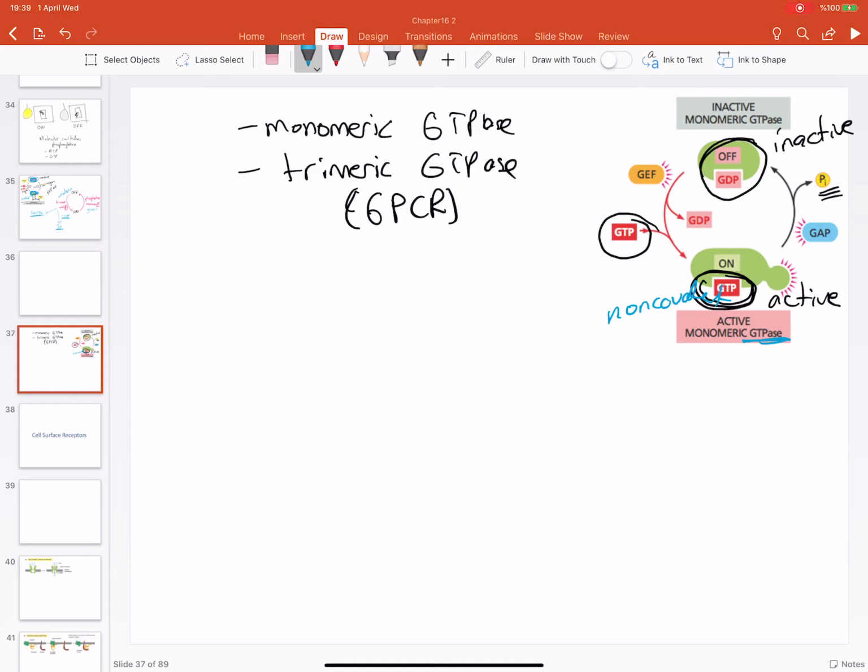Okay, let's start from here. When there is GTP, it can be hydrolyzed, and this hydrolysis is induced by GAP, GTPase activating protein. So this Pi is removed and it becomes inactive. In the other direction, the GAP cannot simply add the Pi, because we know that this inorganic phosphate cannot be added here. It can only be added in the Krebs cycle.